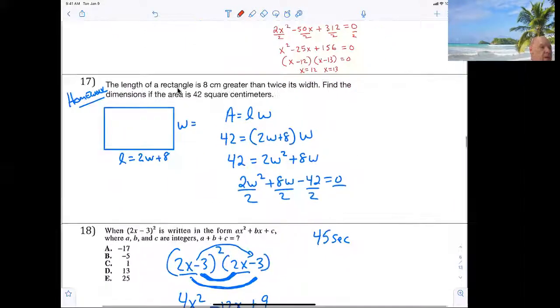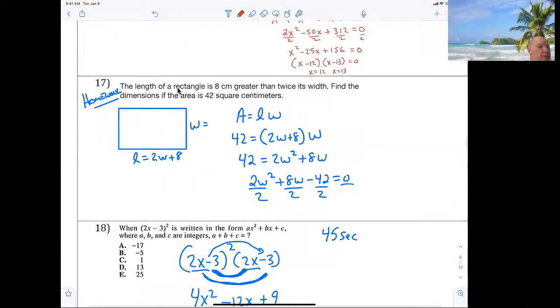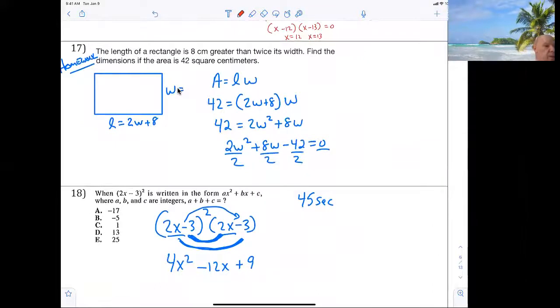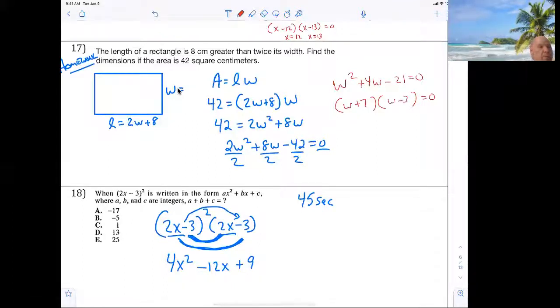All right, so now 17 we have to finish. That was w squared, and then that was just basic factoring, and then it was W like this. And so then you would say the width is -7 or the width is 3.